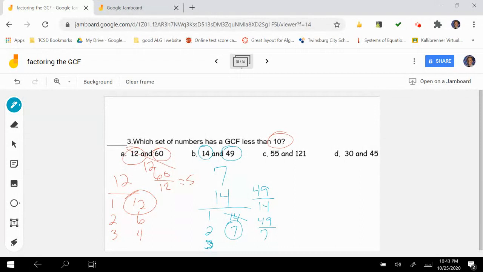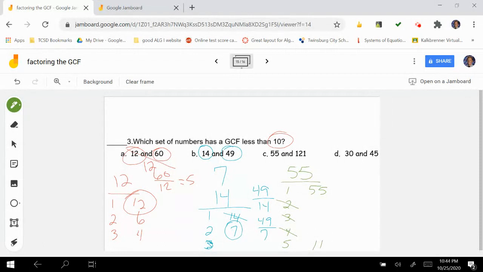Let's just try 55 and 121. Obviously, 55 is a smaller value between there. 1, 2, 3, 4, 5. We'll go up to 5 this time. 55 divided by 1 is 55. 55 cut in half won't work. 55 divided by 3 will not work. 4 won't work. 5 gets you 11.